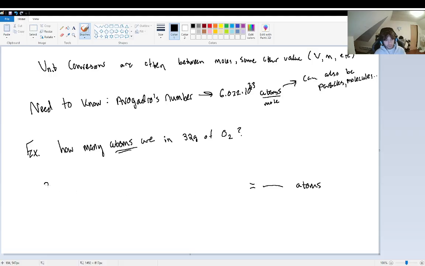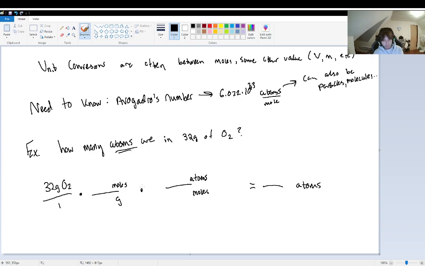Okay, and I know I have 32 grams O2 divided by 1. So I need to get rid of grams on the bottom. I want to end up getting moles, and for moles, I can go to particles or atoms. So I want atoms on top and moles on the bottom.